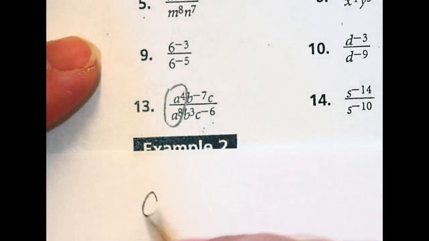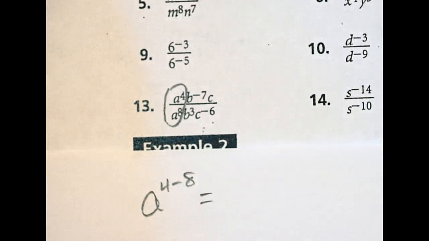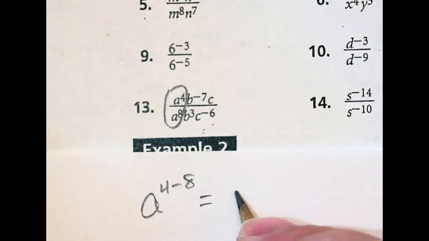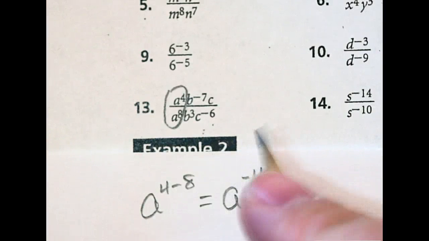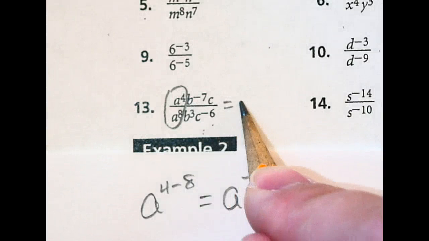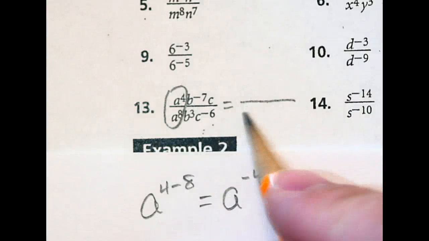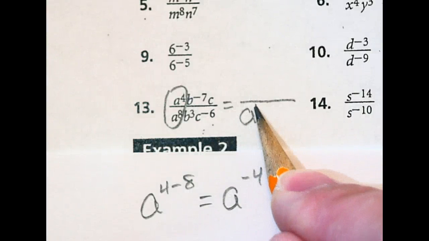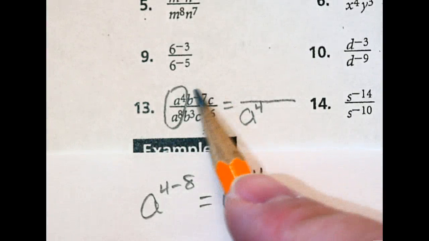That's just a to the 4 minus 8, which is a to the negative 4. Now, if I'm putting my complete answer right here, a negative exponent goes on the bottom, and it becomes positive. So we write that part like that. Okay? And now we look at the b's.